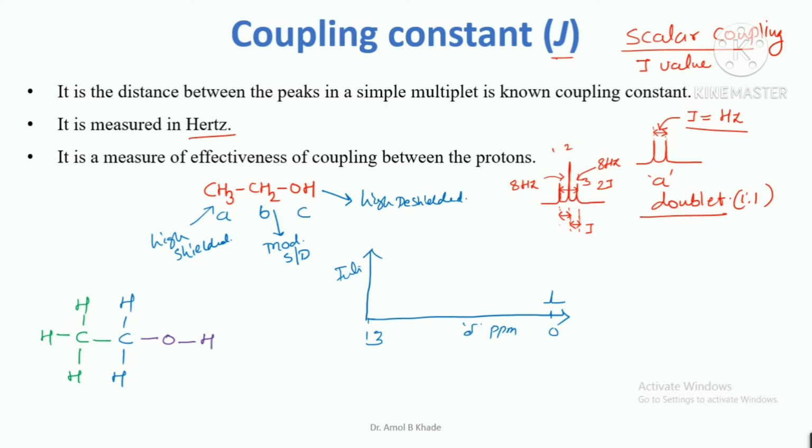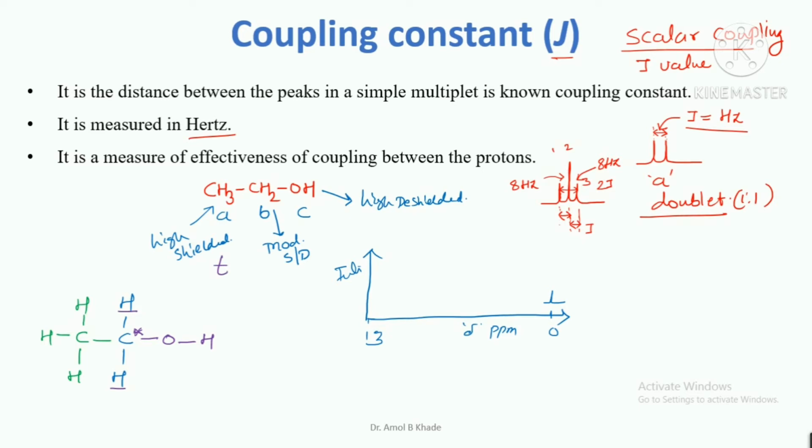The CH3 protons are highly shielded, and the neighboring carbon has how many protons? One proton here and the other here, so there are 2 protons. So n is 2 plus 1, it will be a triplet. So set A will appear as a triplet.